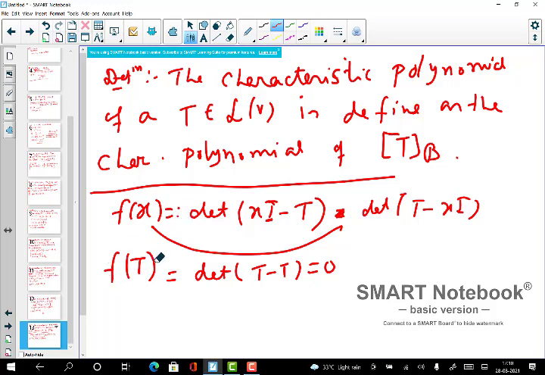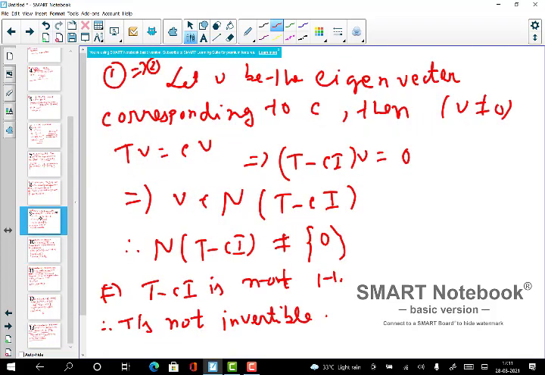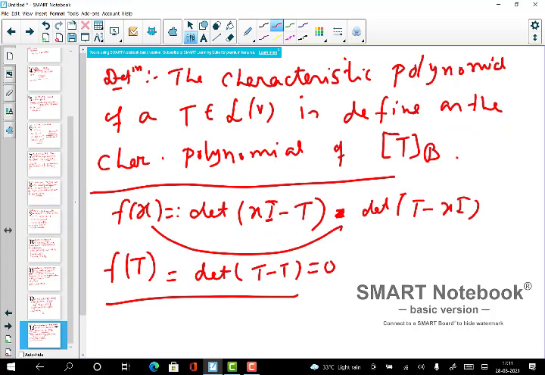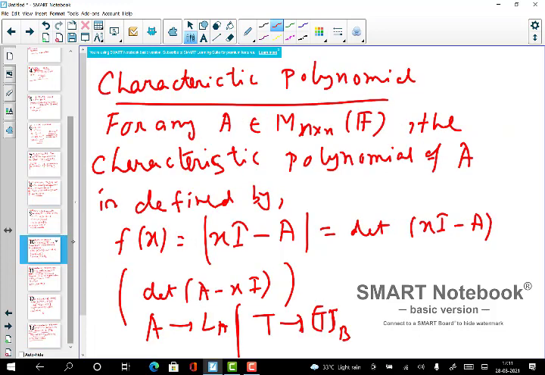Okay. So what does that mean? Determinant of this being 0 means, from our previous theorems, that c must be an eigenvalue. So this is a way to find the eigenvalues. How to find the eigenvalues of a linear operator or a matrix?